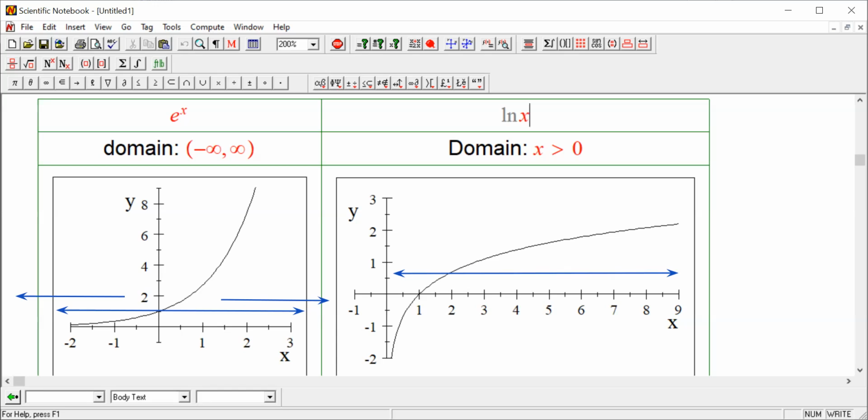Now, let's look at the vertical span. Vertical span is about range, so I'm going to use a different color. Vertical span is about range: how high it goes, how low it goes. And it's the same for both.